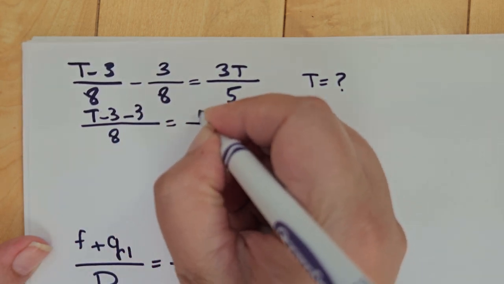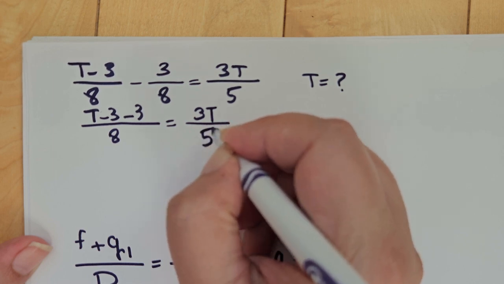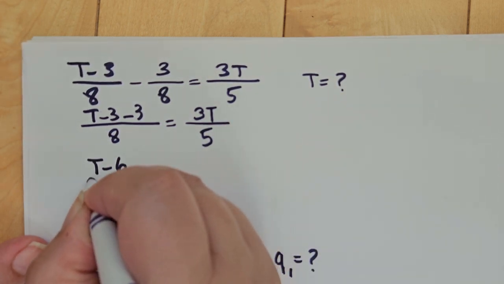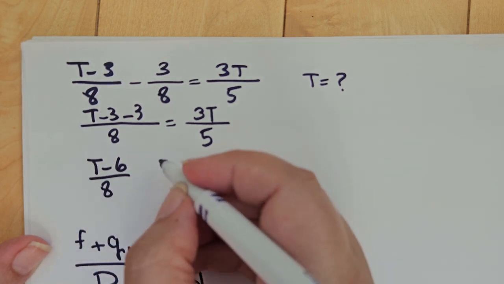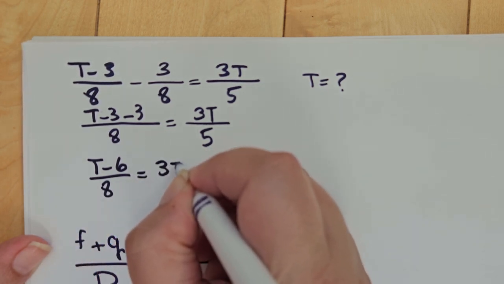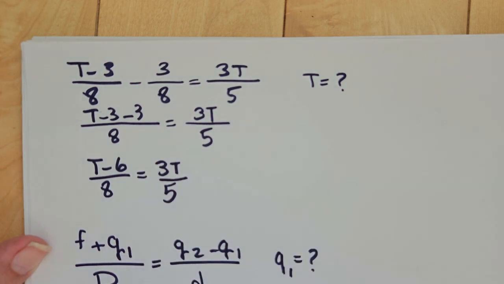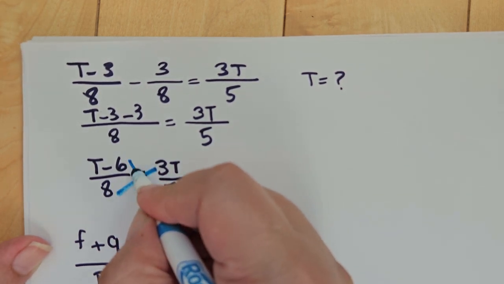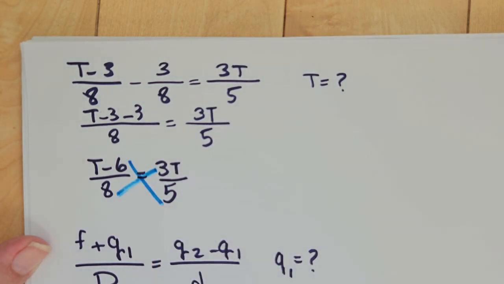And on this side, I have 3t multiplied by 5. If I want to write it a little bit simpler, that would be t minus 6 over 8 equals 3t divided by 5. And here, remember, you can use cross multiplication to make it linear.